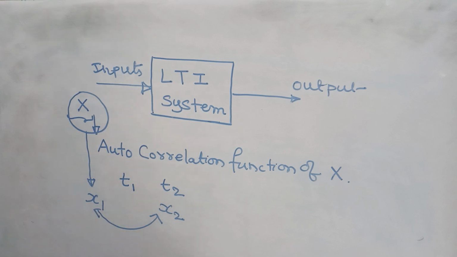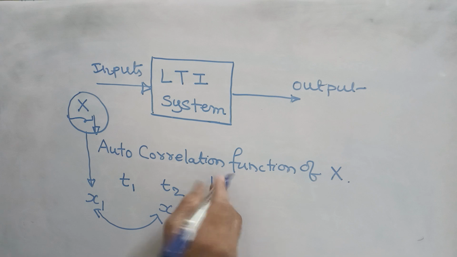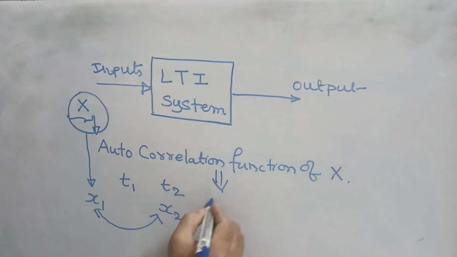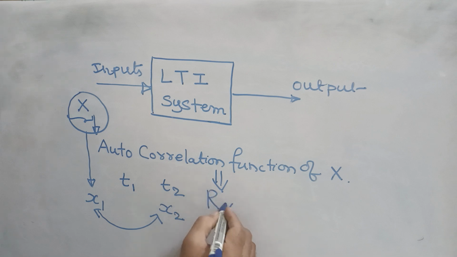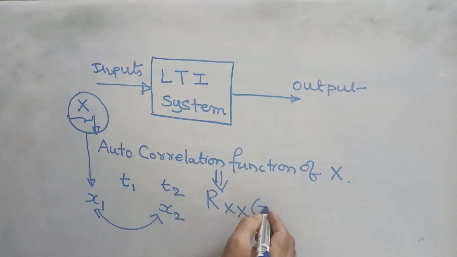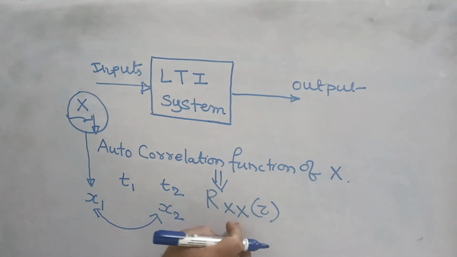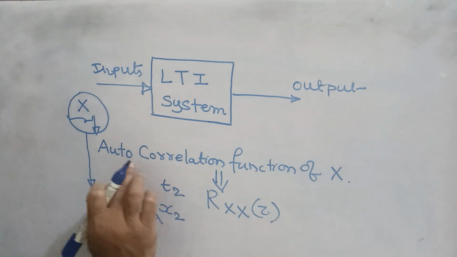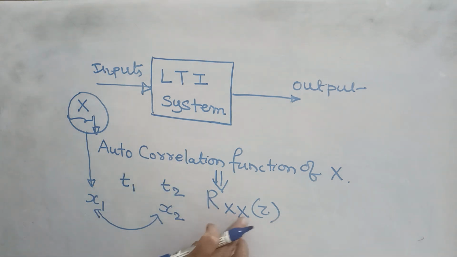That similarity can be given as my autocorrelation function, and that is denoted by R xx of tau. That is the identification for an autocorrelation function, R xx of tau.